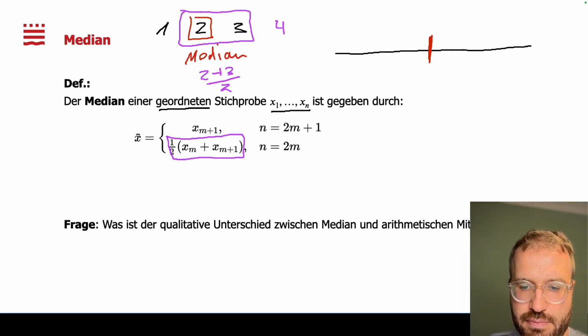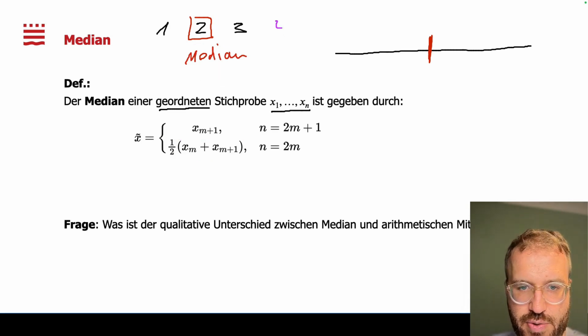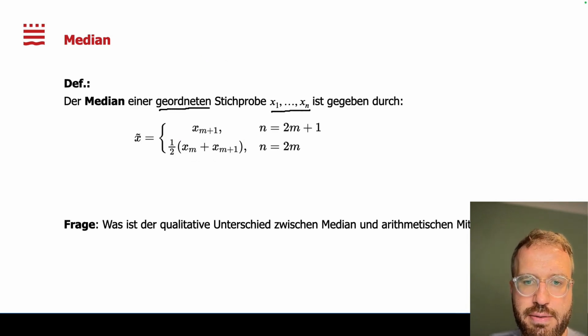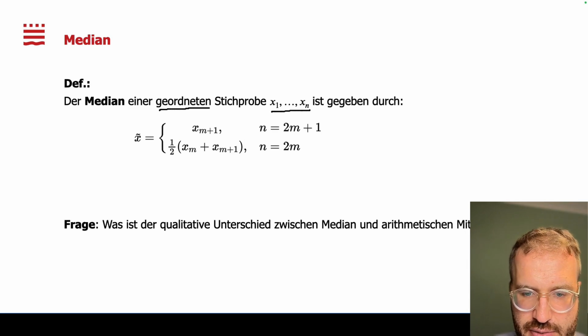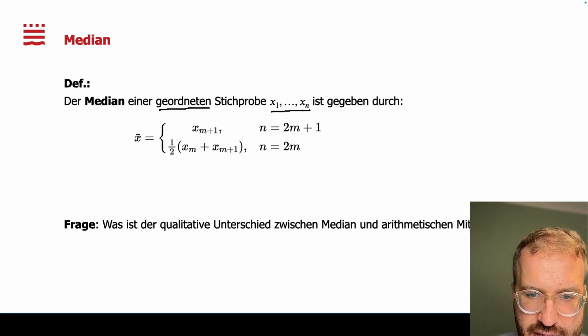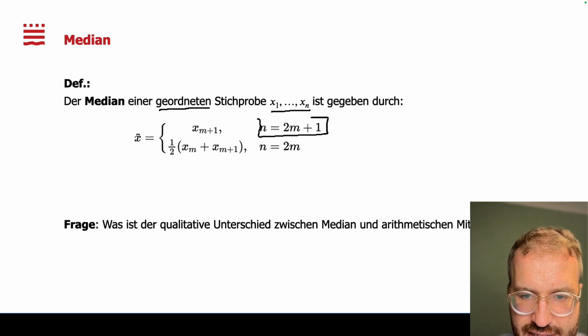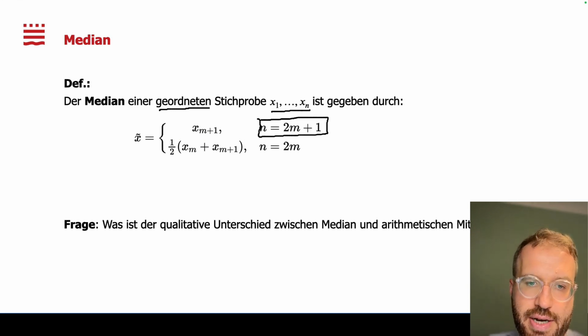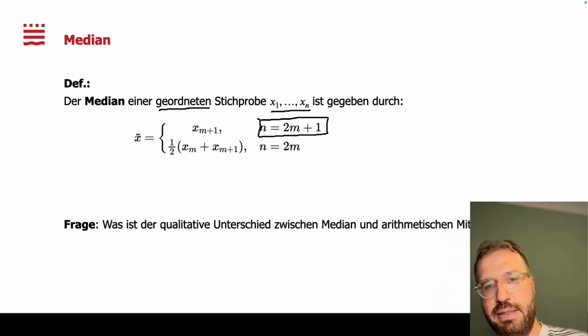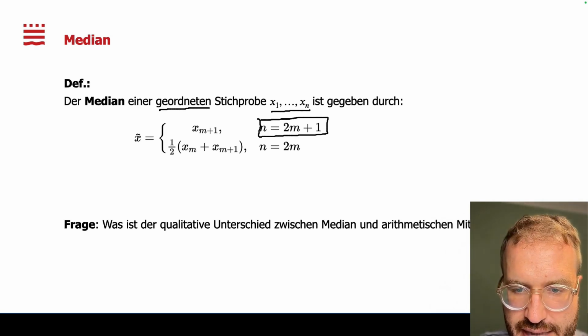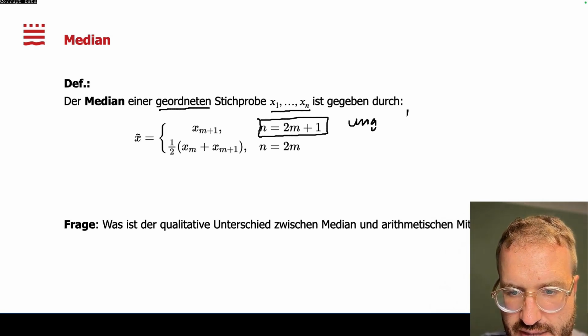Okay, so I'm going to clear everything away here again, and then we will take another look at the formula. As we have already seen, there is a middle when the number of elements is odd. This is the case when we can write n, the number of our data, as 2m plus 1, which means that the number is odd.